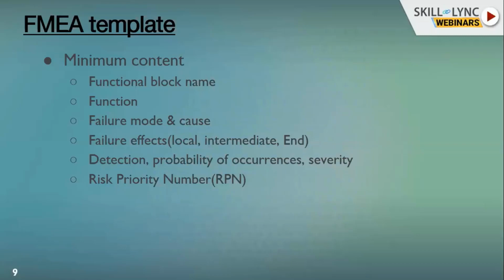Then from there, you go to what will be the effect of that failure. And normally these failures are defined as a local, intermediate, or end effect. And then the last two are always a challenge while applying this FMEA, that is detection.